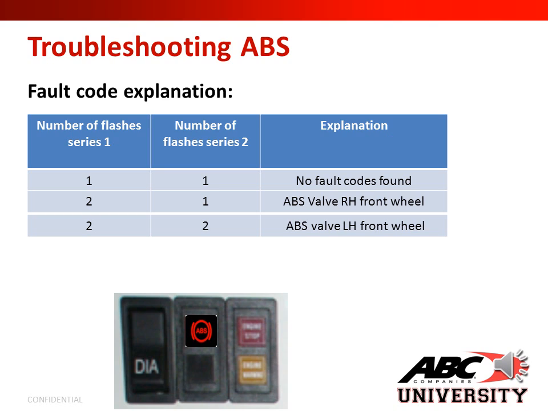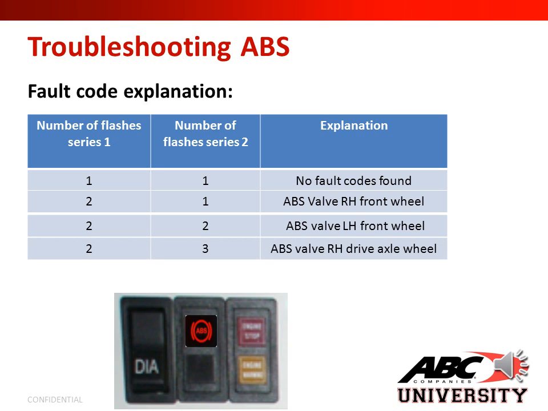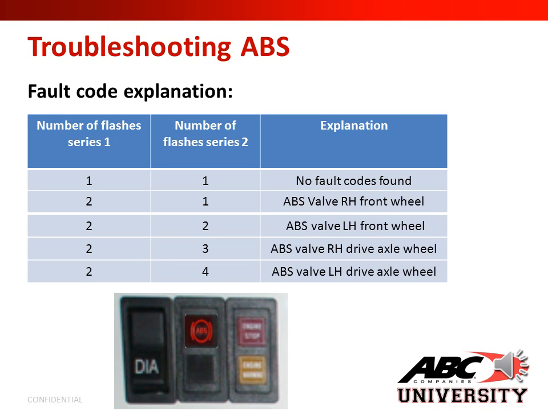If my ABS light flashes twice, pauses, then twice again, that tells me ABS valve left hand front wheel. And if I was to get a flash code of 2 flashes, pause, 3 flashes, that tells me ABS valve right hand drive axle wheel.